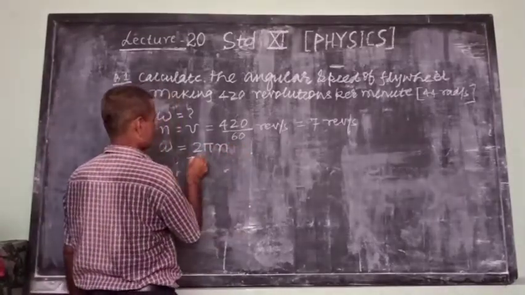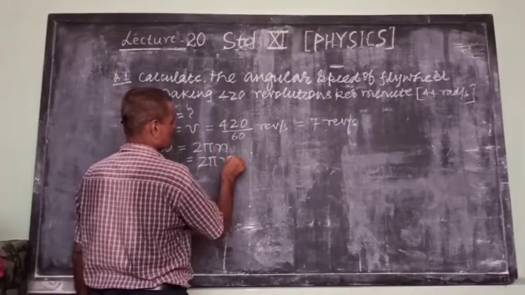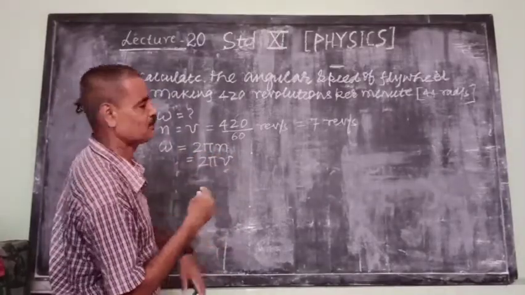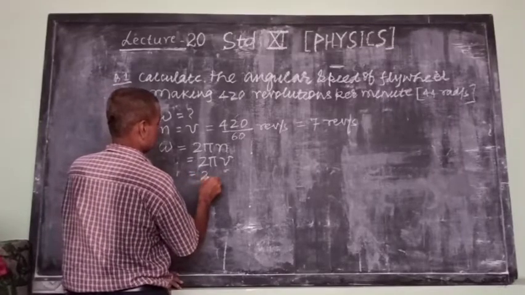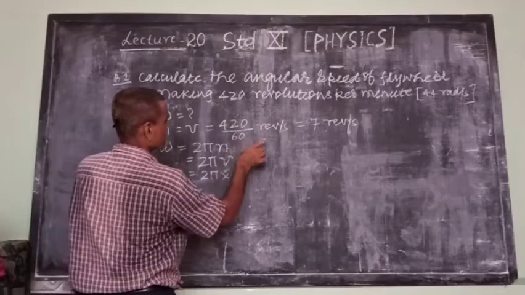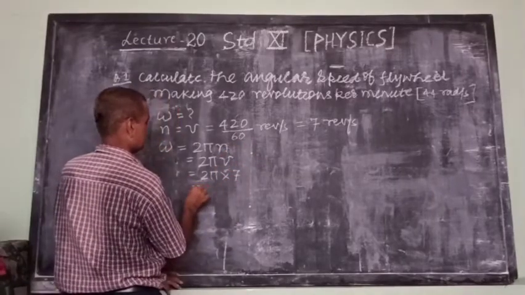We can also write it as 2 pi nu, both are the same, and it means frequency or number of rotations. So this is 2 pi into the value of nu, that was 7 revolution per second.